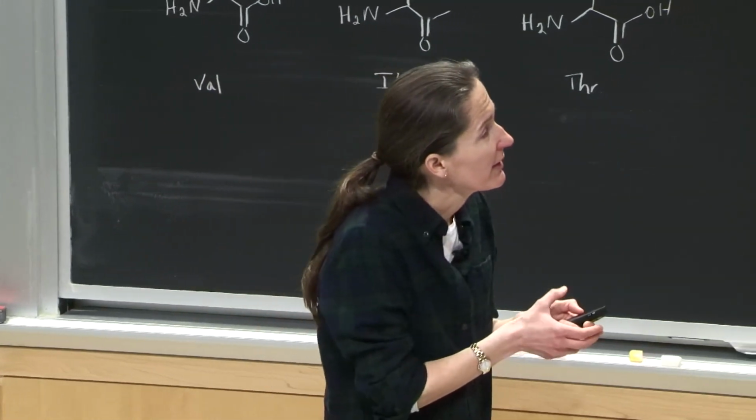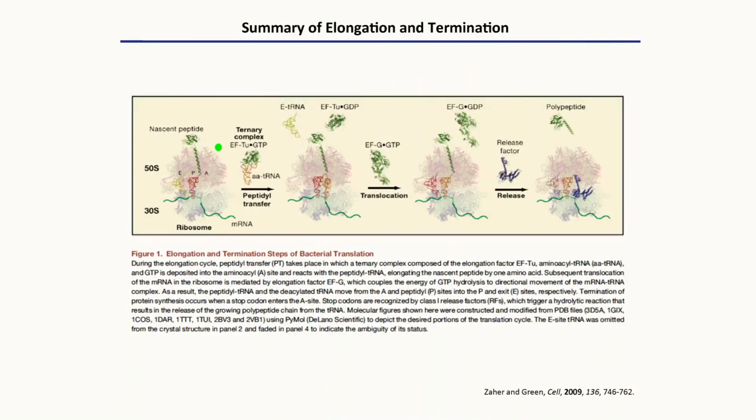So there's a ternary complex that forms between EF-Tu, GTP, so EF-Tu is a GTPase, and the aminoacyl-tRNA. And this ternary complex delivers the aminoacyl-tRNA to the A site. Okay? This allows for peptide bond formation to occur in the catalytic center.